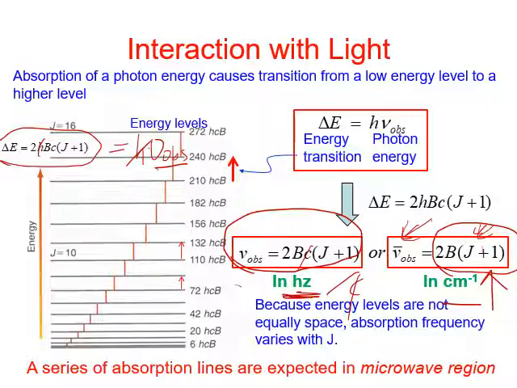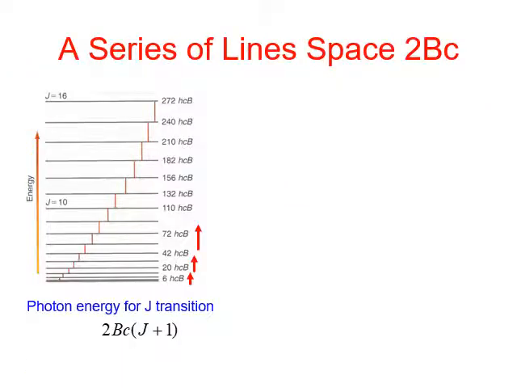Here again shows the allowed energy levels that are not equally spaced, and the predicted frequency of light that will be absorbed is 2Bc times J plus 1 in hertz.